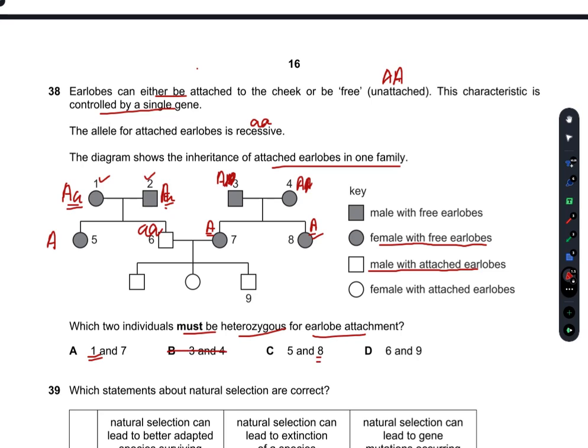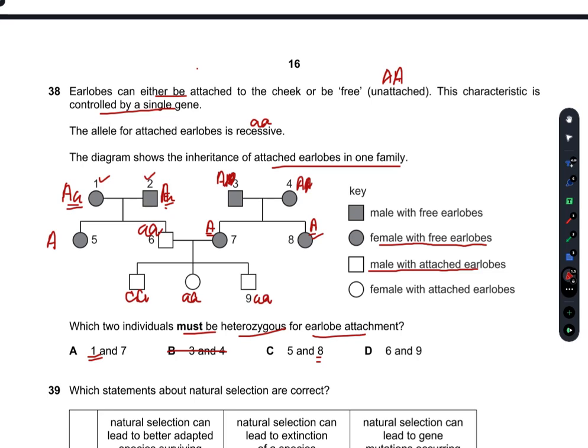So when this 6 and 7 mate, one is a female with attached earlobe, and one is a male with attached earlobe.